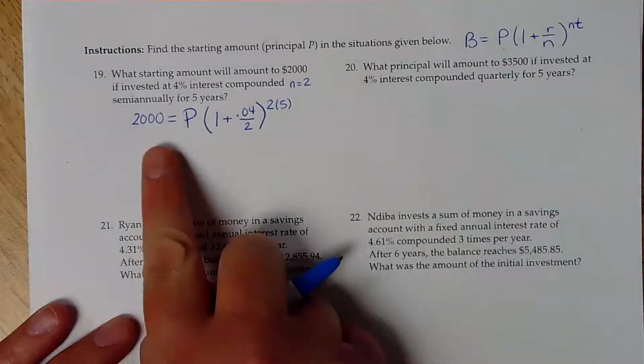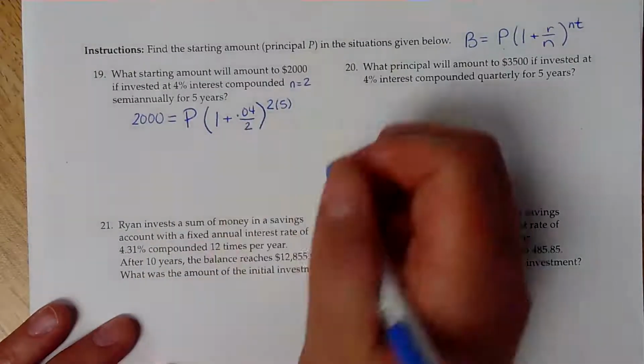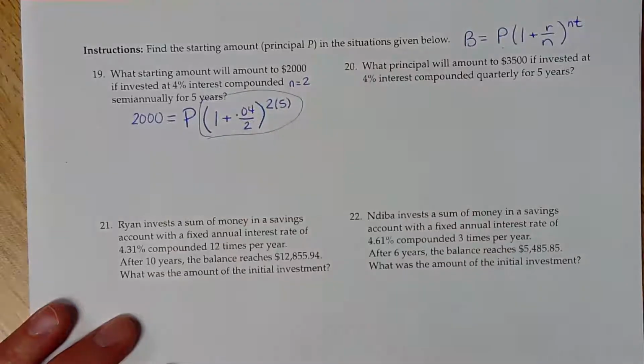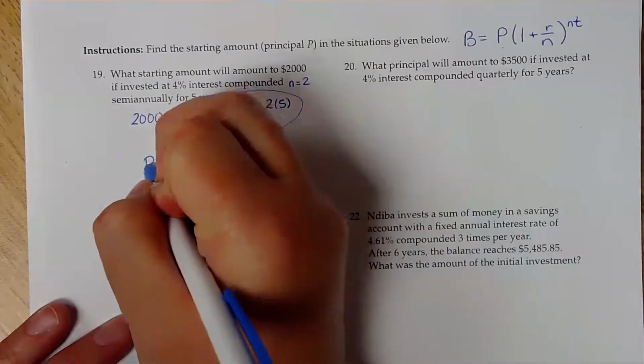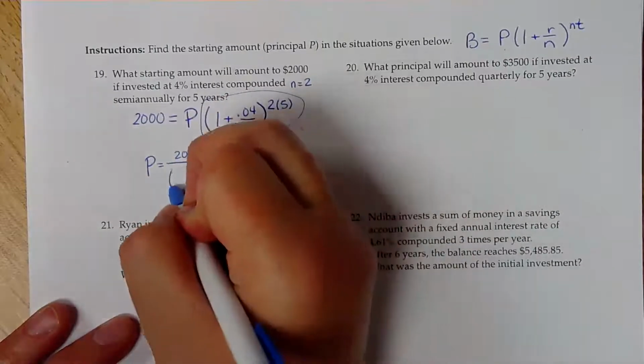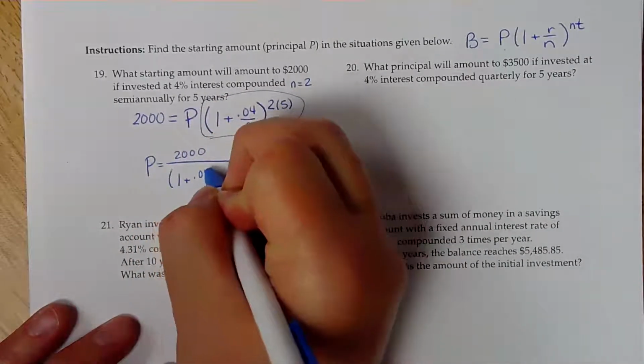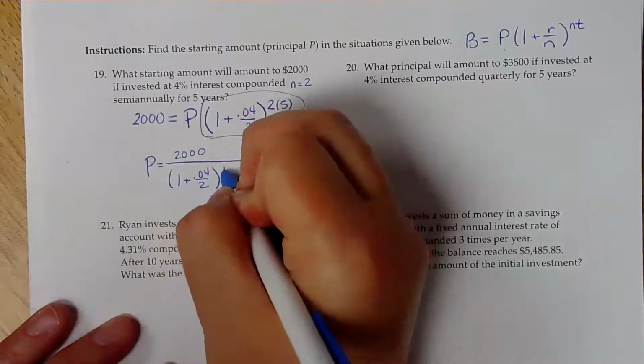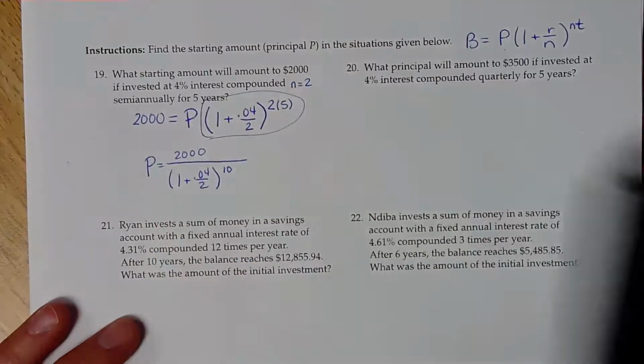And to solve for P, I'm just going to divide this whole piece over to the other side. So what I get is P is equal to 2,000 divided by 1 plus 0.04 divided by 2, and that quantity raised to the 10th power.